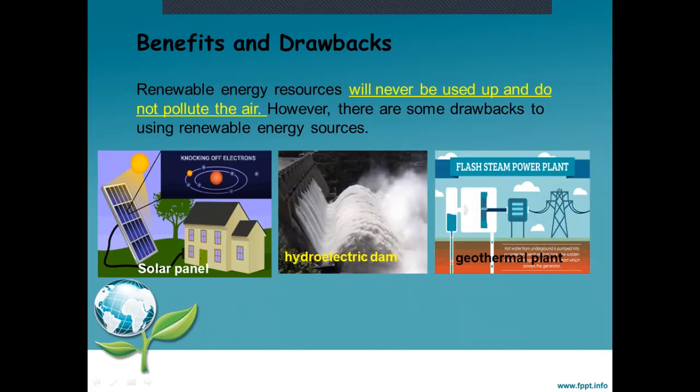These three renewable energy resources that we have here, one of the disadvantages, guys, is that they can be expensive to build or set up. This one, the solar panel, is very expensive that not everyone, guys, can afford it. And these two, the hydroelectric dam and the geothermal plant, take a lot of time and huge cost for you to build.